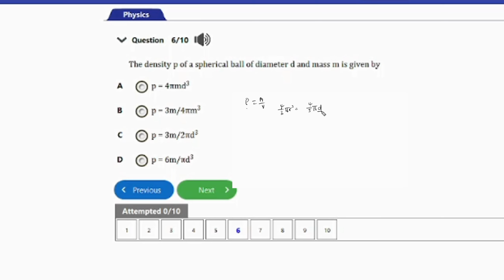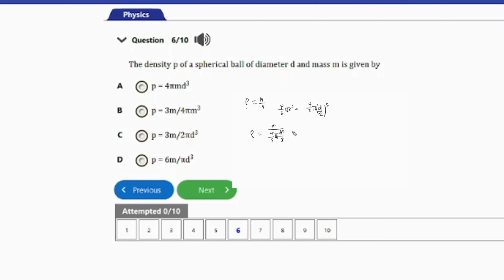Rather, we'll change the radius to diameter, since all the options here are given to us in diameter. So changing the radius to diameter, radius is diameter over 2. In other words, that's going to be 4 over 3 pi d cube over, actually 2 cube is 8.